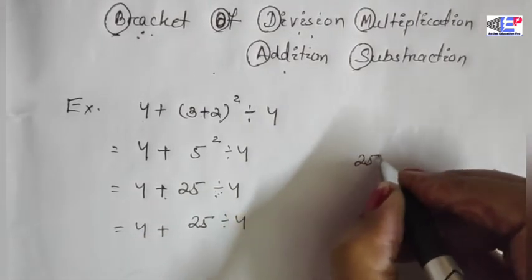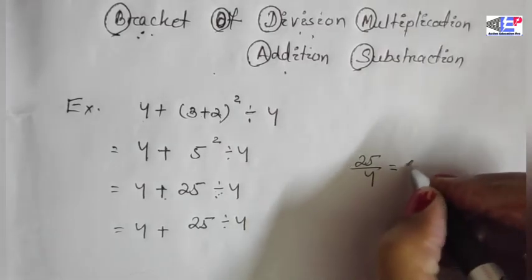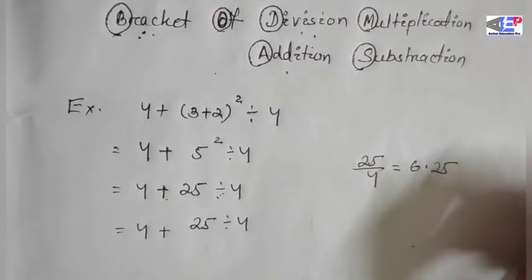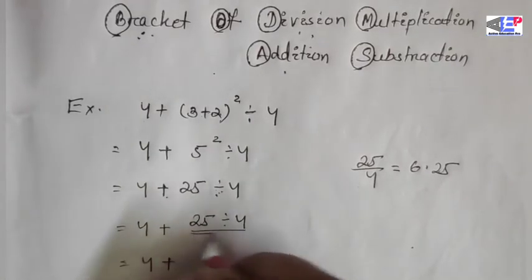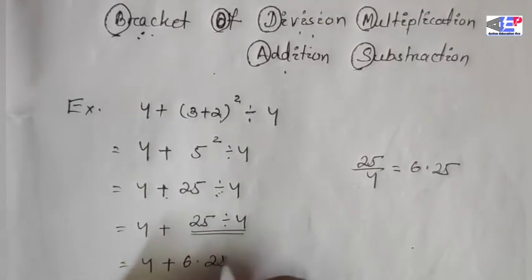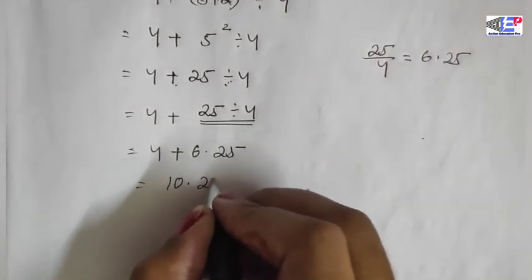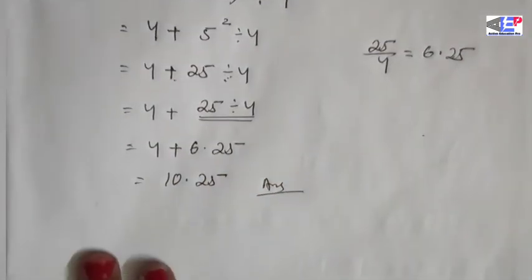If we divide 25 by 4, the answer will be 6.25. Then 4 plus 6.25, simply add it, is 10.25. Okay, it is your answer.